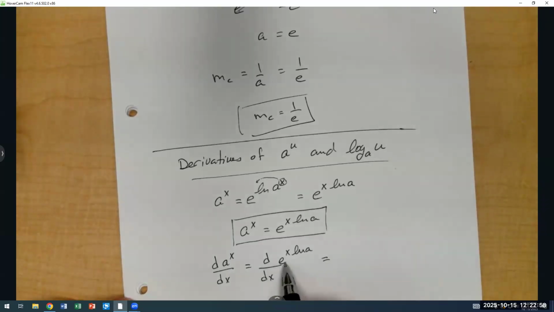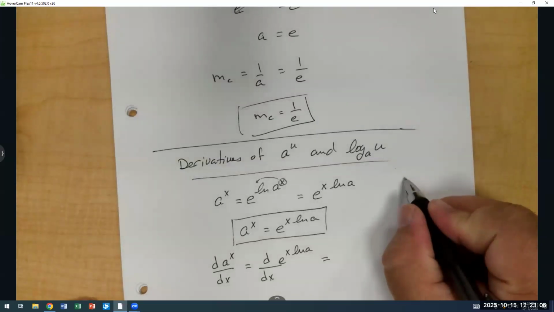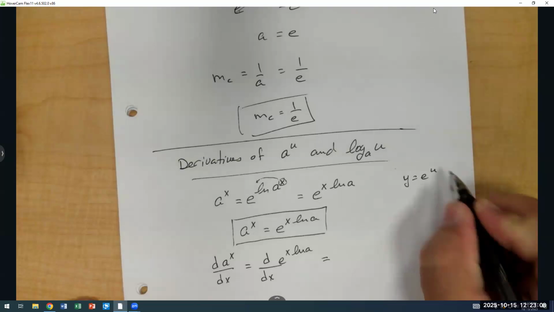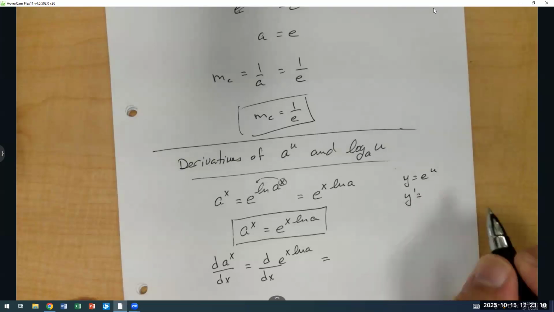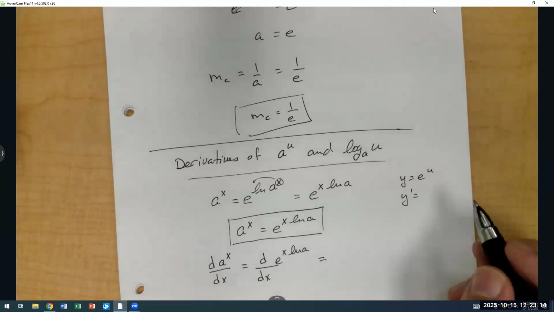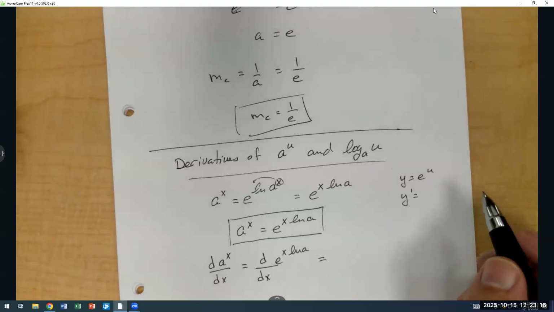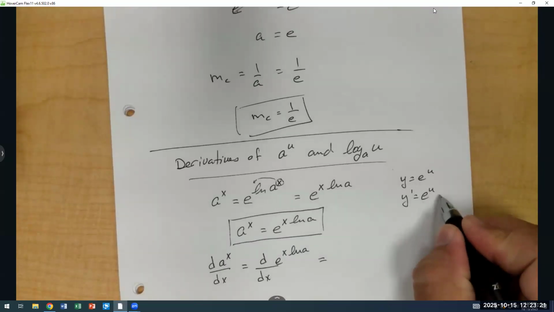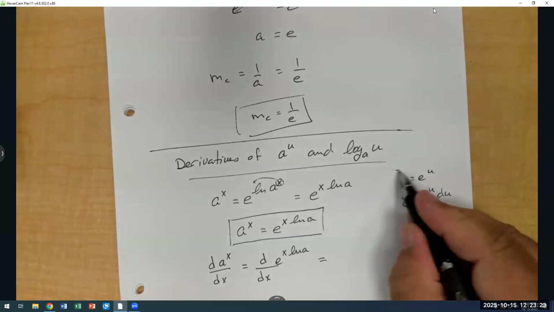So what's the derivative of e^(x ln a)? Remember, if y equals e to the u, what's the derivative of e to the power u? e^u du, right.